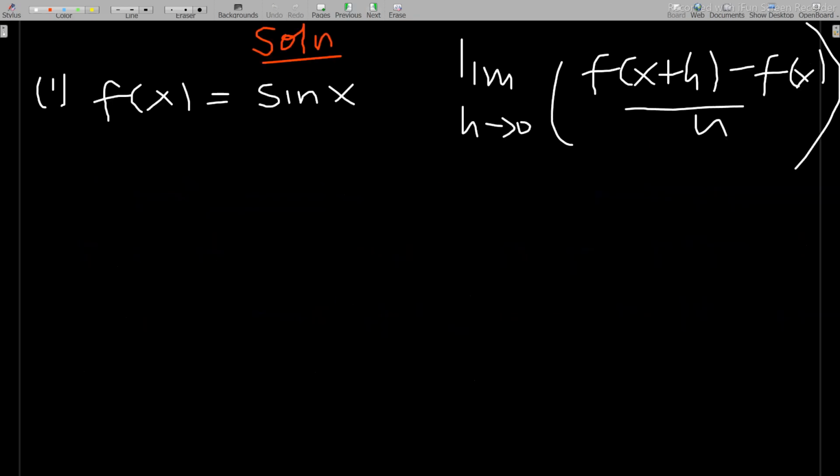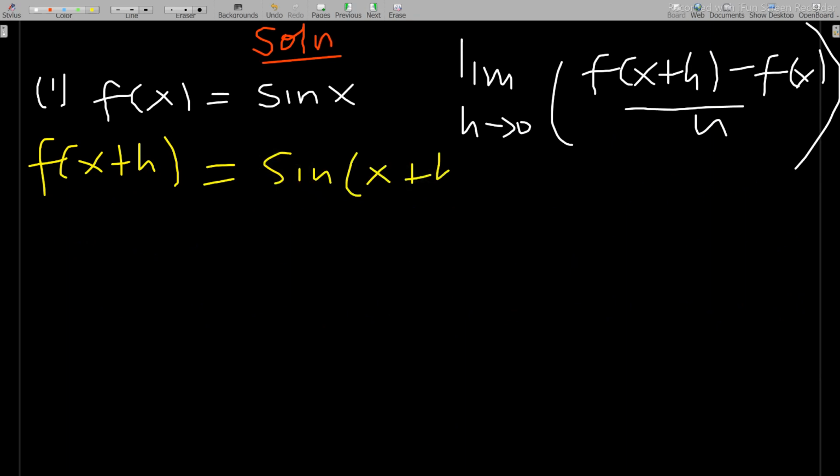Okay, so let's start with the first one. So this is what we have. We know that f of (x plus h) will be equal to sine of (x plus h), because we have only sine of x. Now with this we have limits, because we want to differentiate this. We'll have the limit as h approaches 0 of f of (x plus h), we are quoting this formula.